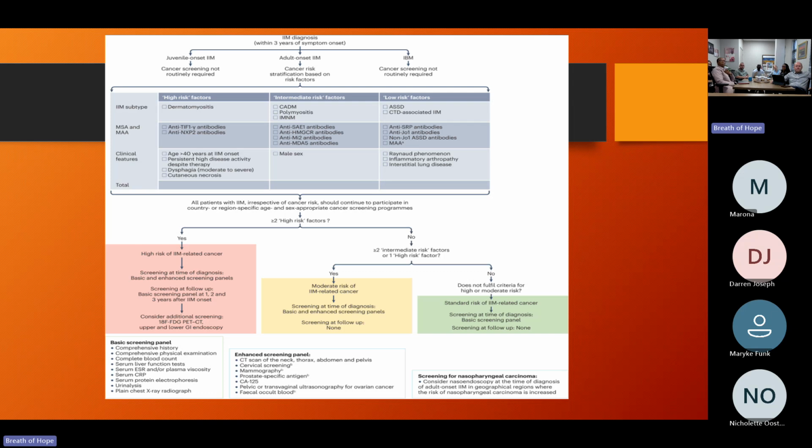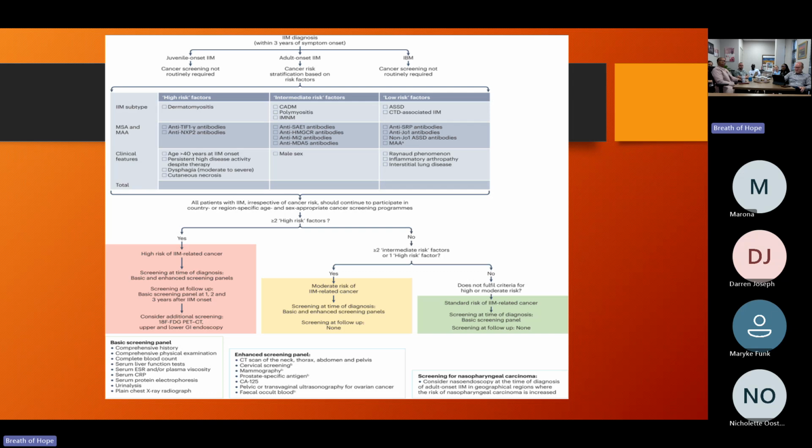Right, this doesn't project too nicely for you, but this is just a flow diagram to help you decide how aggressive you need to be in your workup of malignancy when you come across a patient like this. Which ones must we work up? Which ones do we not worry too much about? Luckily in the anti-synthetase group, we don't have a strong association at all.